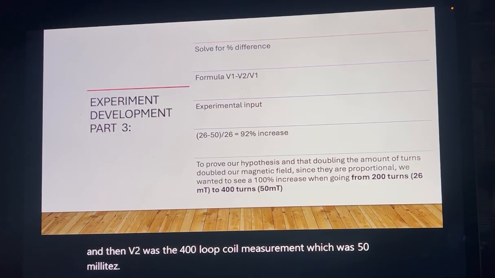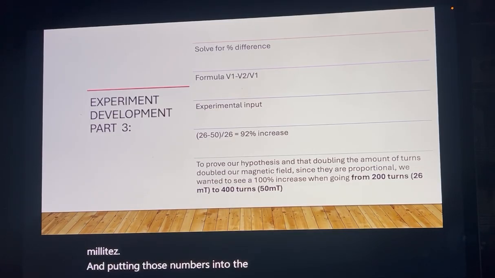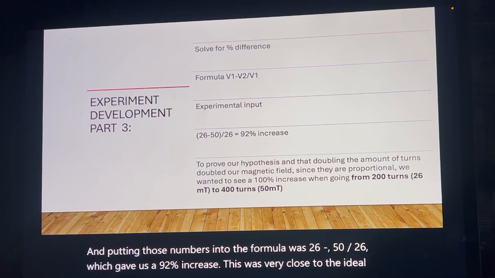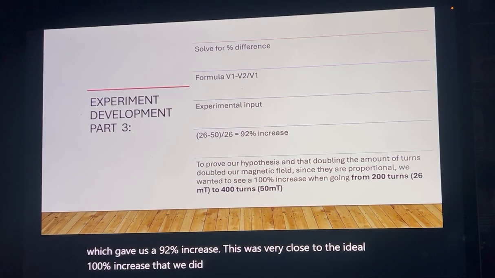Inputting those numbers into the formula, 26 minus 50 divided by 26, gave us a 92% increase. This was very close to the ideal 100% increase that we did expect if doubling turns truly doubles the magnetic field strength.